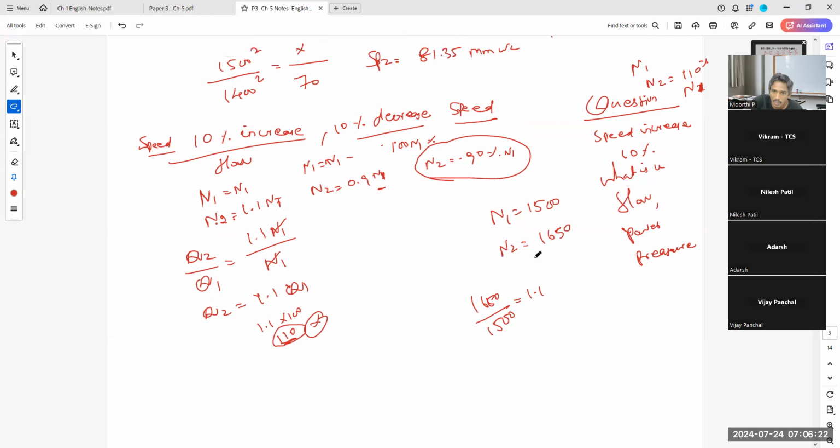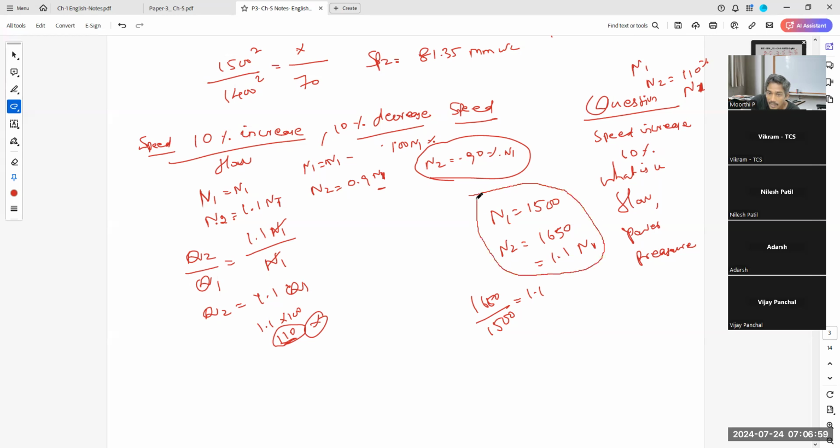N2 equal to 1.1 times N1. Understand? 1.1 times N1, and N1 is 1500. 1500 into 1.1, how much value is coming? 1650, same.